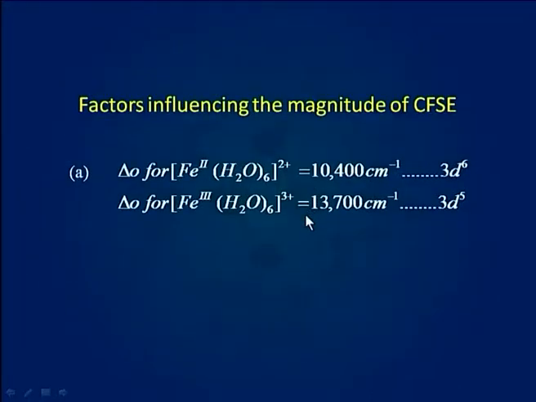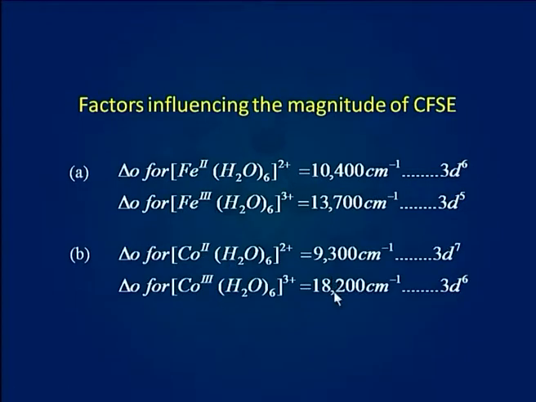For example, you can see the value of crystal field stabilization energy is greater for Fe3+ than for Fe2+. Similarly, the value of CFSE is greater for cobalt 3+ than for cobalt 2+ complexes.